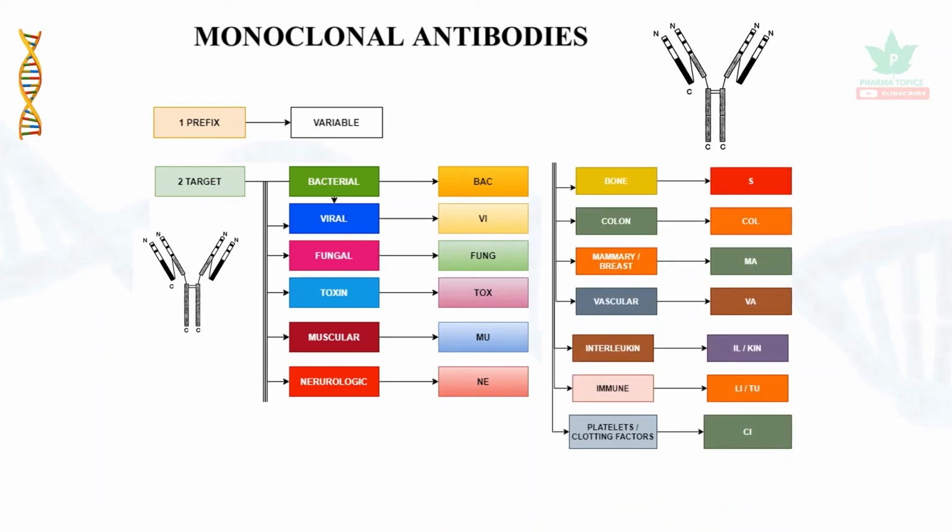And for bone related monoclonal antibodies, S will be present in the nomenclature. For colon it will be COL, for mammary glands or breast it will be MA, for vascular it will be VA in its nomenclature, and for interleukins it will be KIN, and for immune suppressants they will have LI or TU in their nomenclature. Both of them are used for autoimmune disorders and different types of cancers. And for platelets and clotting factors, they have CI in their nomenclature.